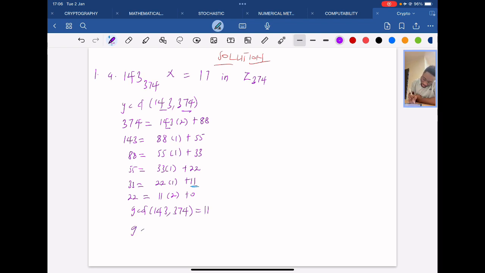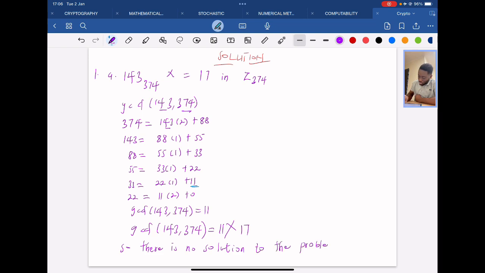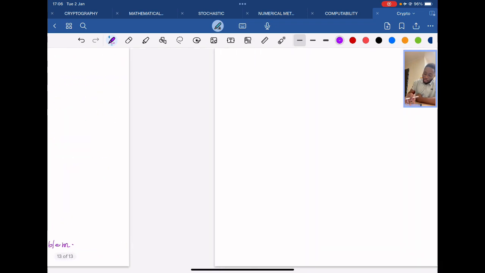So the GCD of 143 and 374, which is equal to 11, is not a divisor of 17. So there is no solution to the problem.